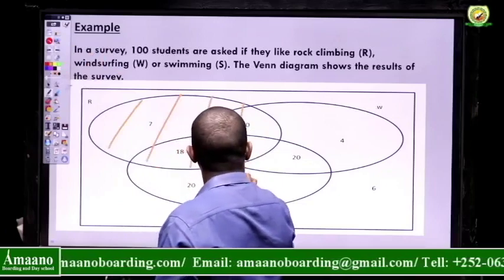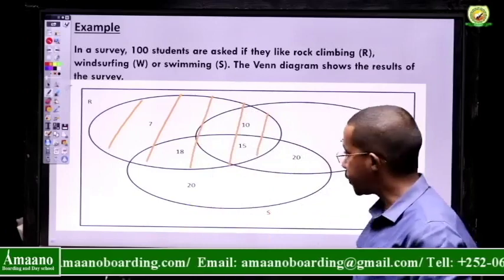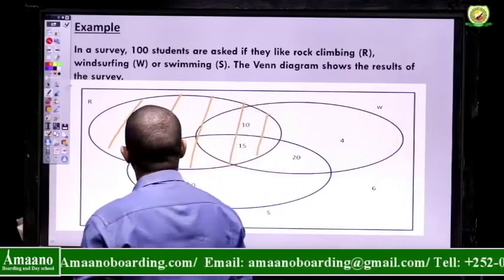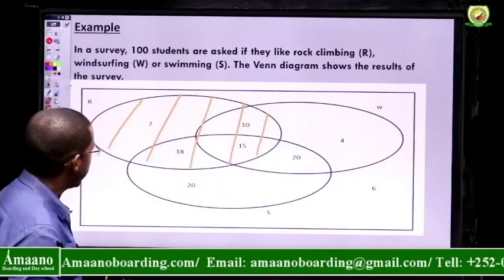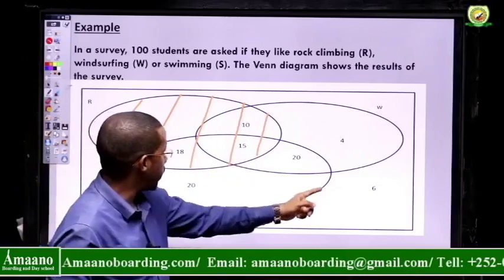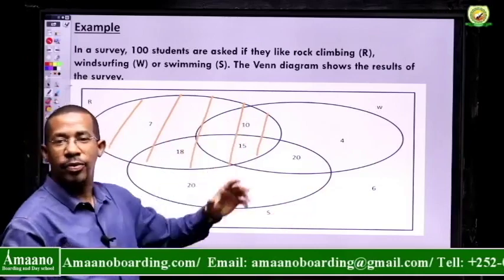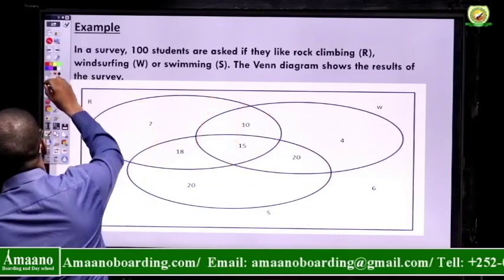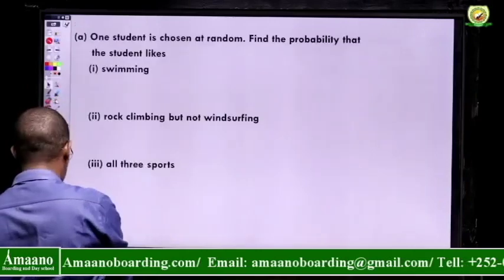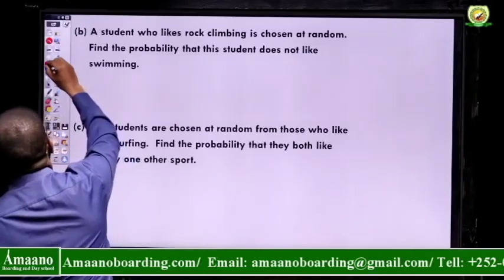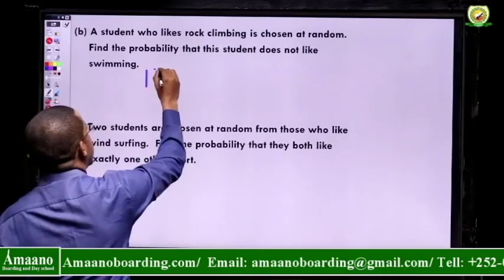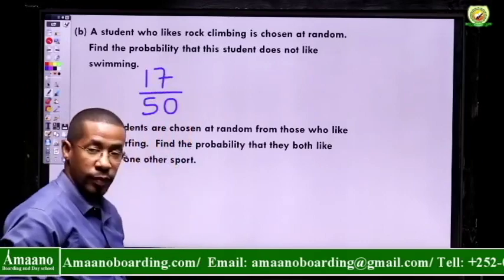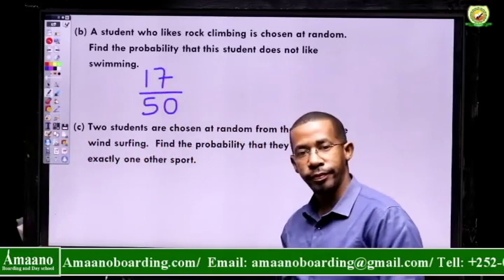We are working with only R. If this is the ring for swimming, you are dealing with this 7 and 10, which gives us 17. So our probability will be 17 divided by 50. That's the answer to our problem.